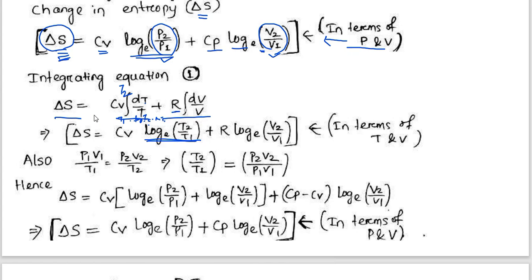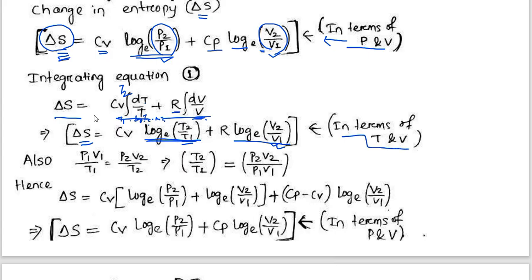Similarly for the second part, R into log V, log V2 minus log V1, so finally R log V2 by V1. This expression is the change in entropy in terms of temperature T and volume V.